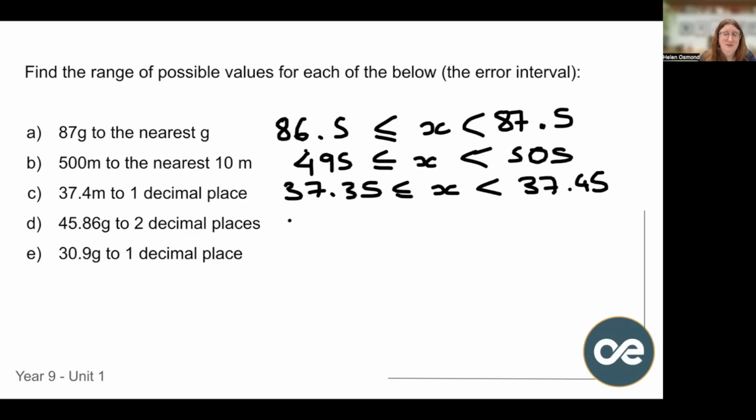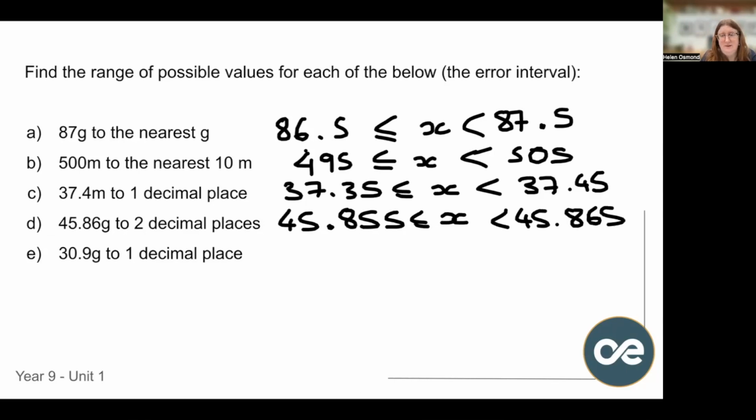2 more to go. 2 decimal places now, so we can keep doing this to lots of degrees of accuracy. This is going to be 45.855 would round up to 45.86, and 45.865, but not including that one, because that will round down. 30.9 to 1 decimal place.